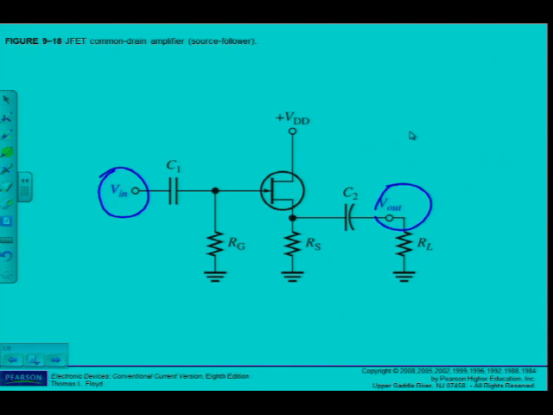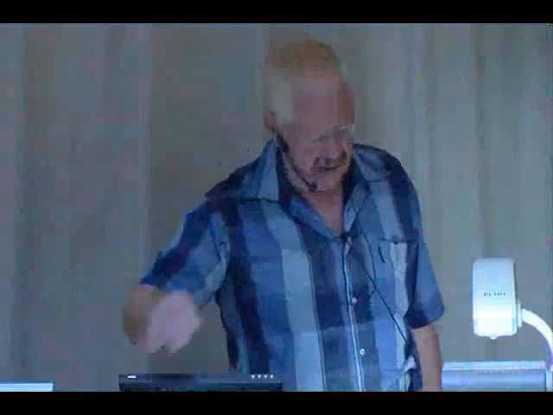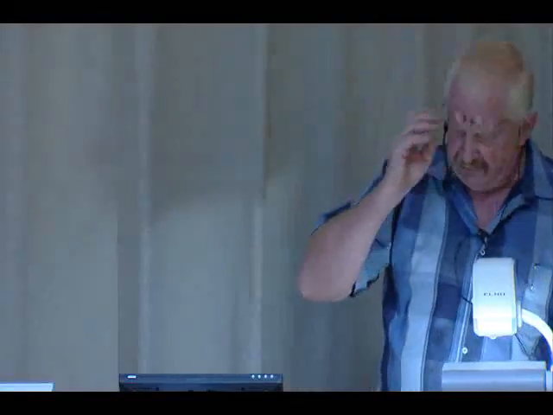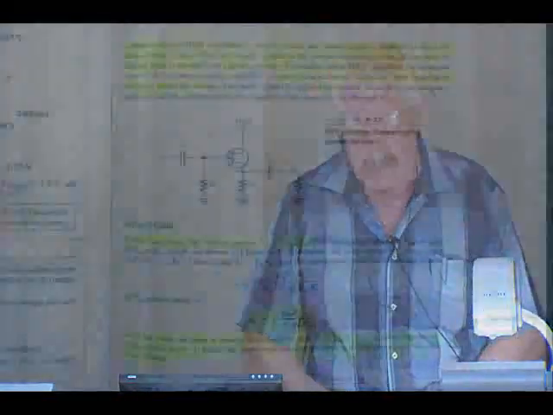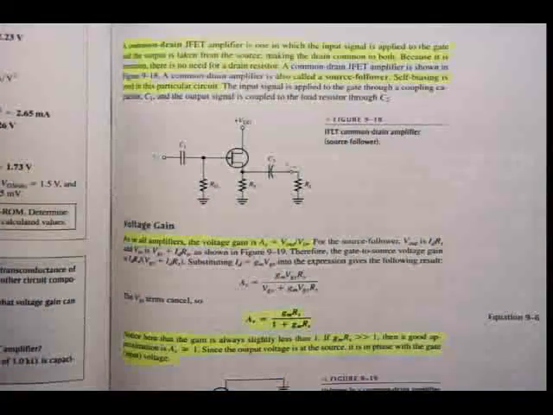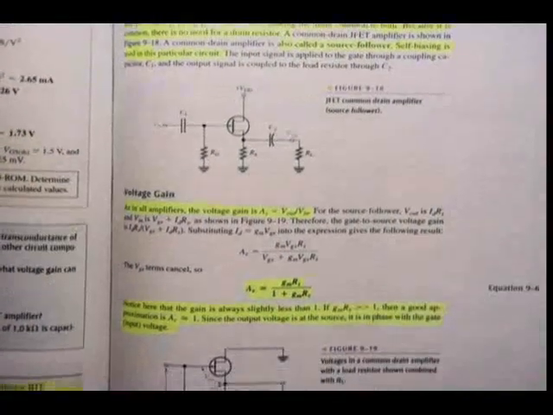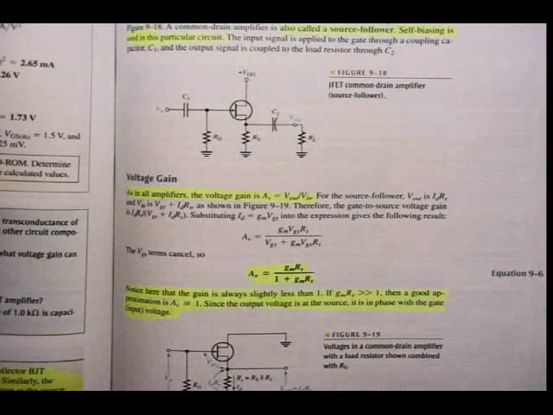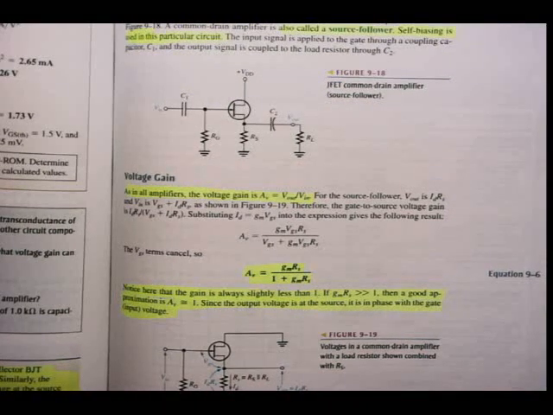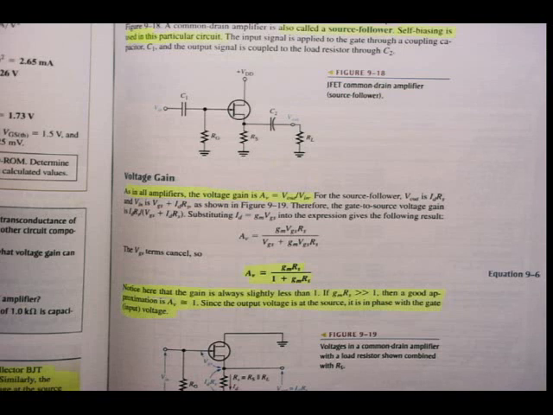Alright, let's have a look what they say about the common drain amplifier in the textbook. As I said, it should sound all familiar because they are basically the same as for the BJTs that we've discussed. Anyway, a common drain JFET amplifier is one in which the input signal is applied to the gate, as we've seen, and the output is taken from the source, making the drain common to both the AC and DC signal.